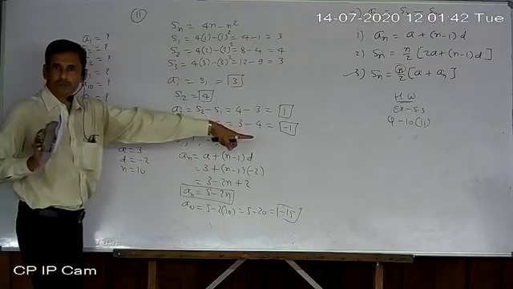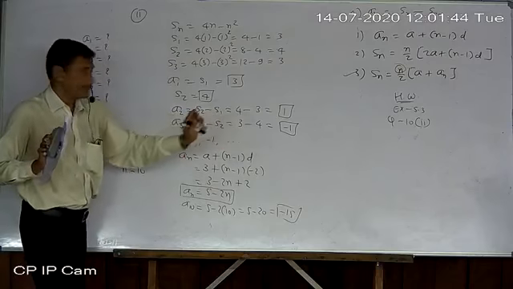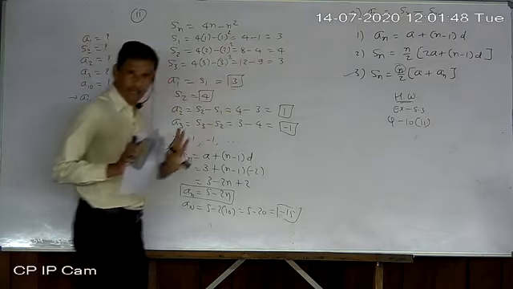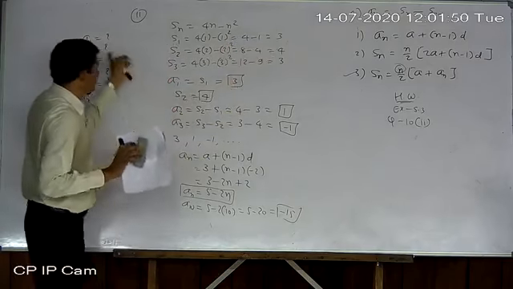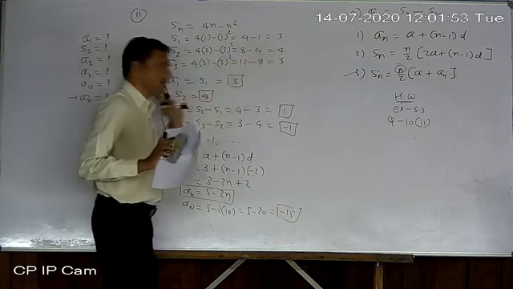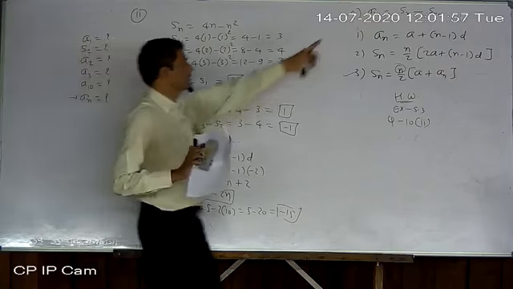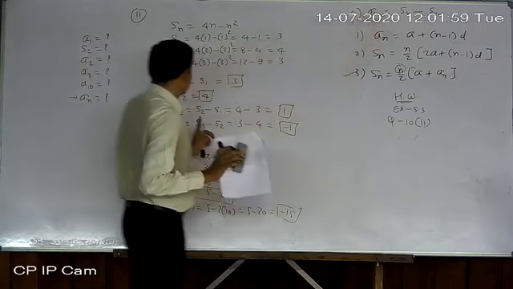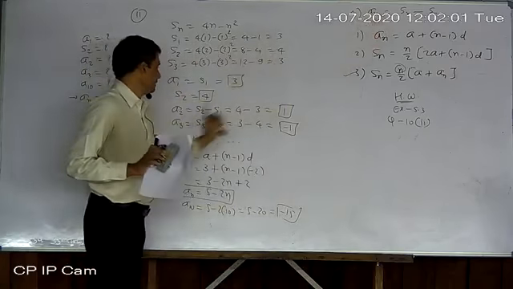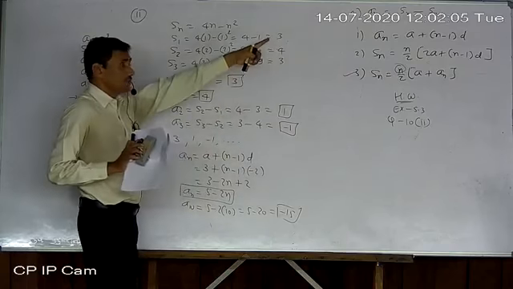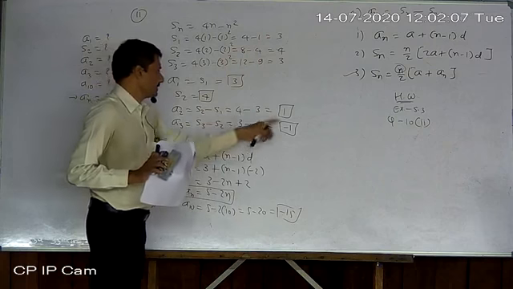We understood also by taking an example. So A1 equals S1 only, that is 3, so written directly. S2 equals 4, that is also found, so written directly. Now what is A2? A2 is nothing but S2 minus S1. So 4 minus 3, 1. Now A3 is nothing but S3 minus S2 according to equation number 4. So 3 minus 4, minus 1.